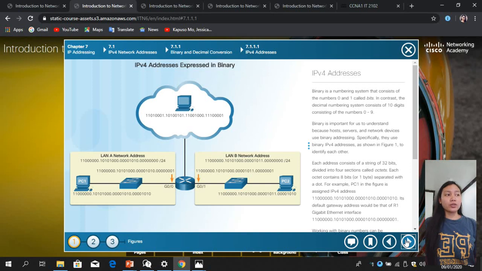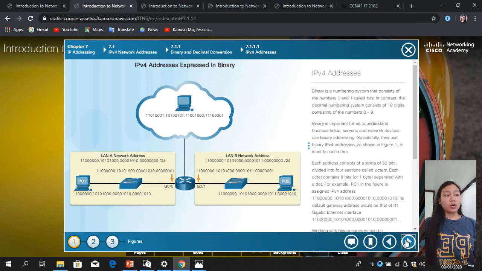Binary is important for us to understand because hosts, servers, and network devices use binary addressing. Especially, they use binary IPv4 addresses, as shown in figure 1, to identify each other. Each address consists of a string of 32 bits divided into 4 sections called octets.